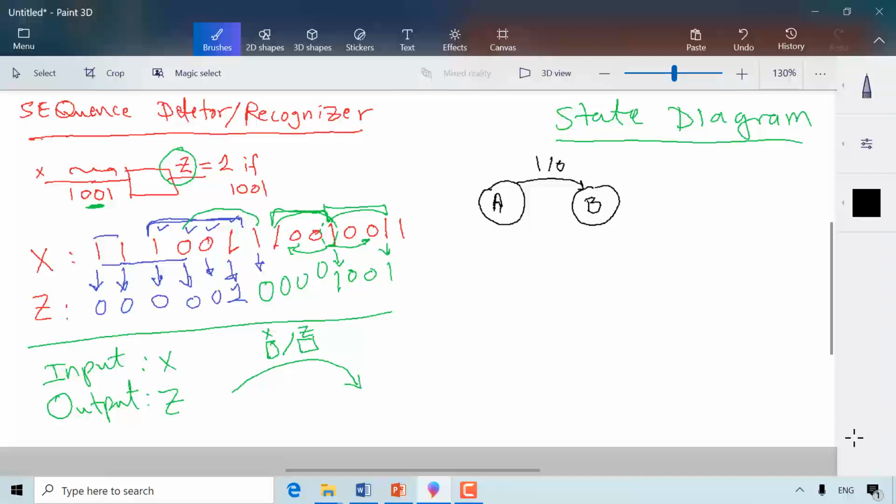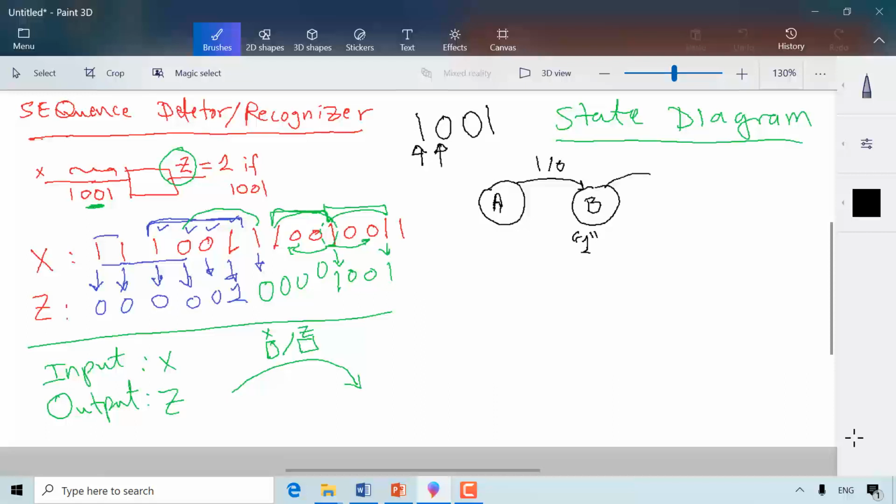Now, what does the state B mean? State B means that I have seen 1. But remember that I need to detect 1, 0, 0, 1. So now I remember that I have seen 1, so I need to detect that I have seen a 0.